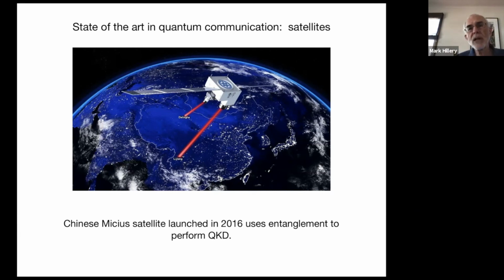If you want to send quantum information via a fiber, the amplifier is going to kill the quantum effects. So at the moment, you can only send quantum information via a fiber on the order of 100 kilometers. People are working on a thing called the quantum repeater, which uses entanglement to get around the problem of the noisy amplifier. But no one really has an operational quantum repeater yet. Okay.